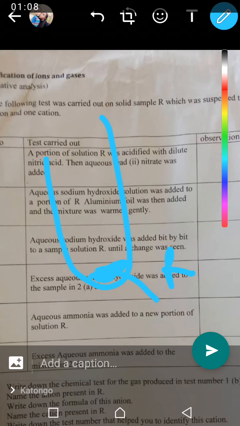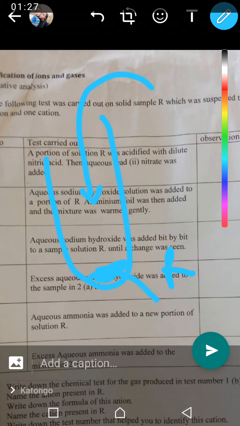So that means when you reach it, you put solution R in here. After that, that's when you add the dilute nitric acid. You begin to put an acid in here, dilute nitric acid. That's what they're saying. To a portion of solution R, add dilute nitric acid. So you pour an acid inside solution R. Okay? What do you see?